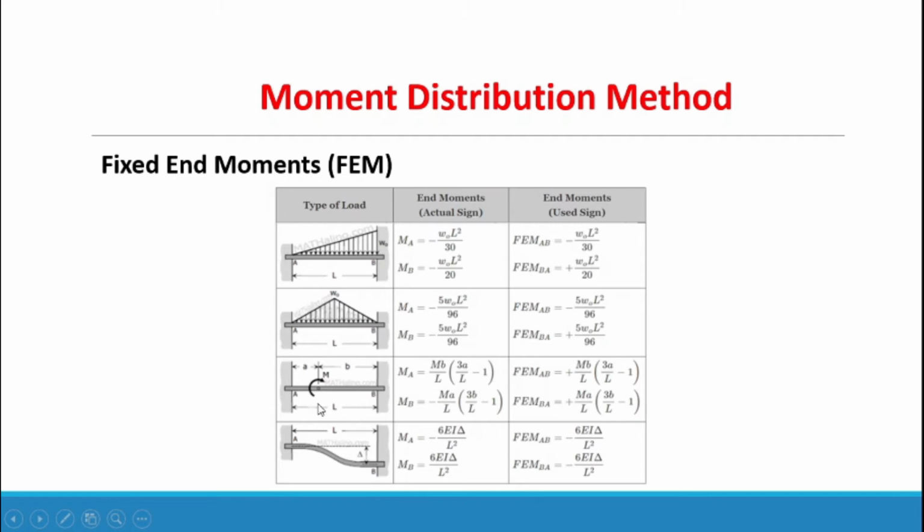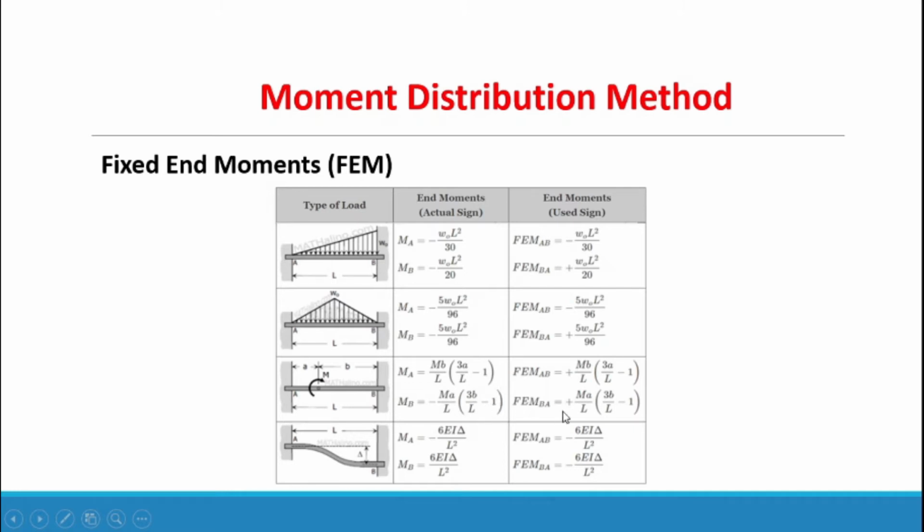For the next diagram, we have a moment M at distance a from point A, or distance b from point B. For the end moments, moment at A is equal to Mb all over L multiplied by (3a all over L minus 1). And for moment at B, negative M times a all over L multiplied by (3b all over L minus 1).